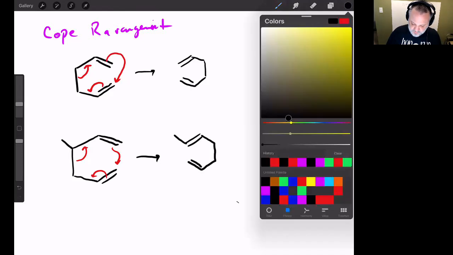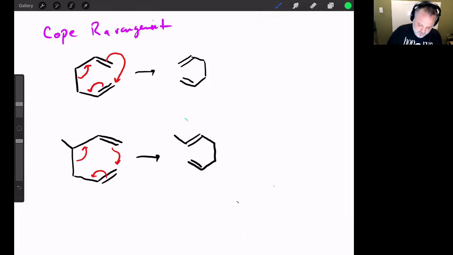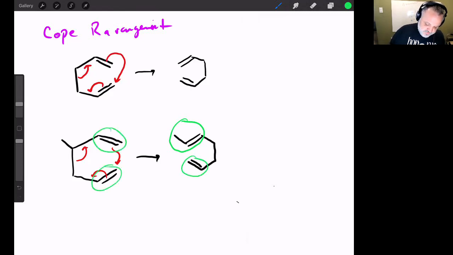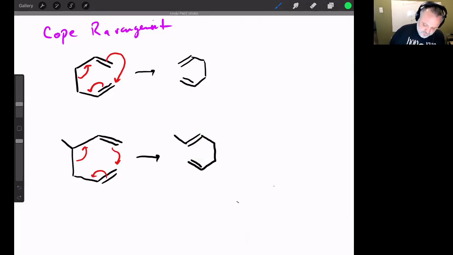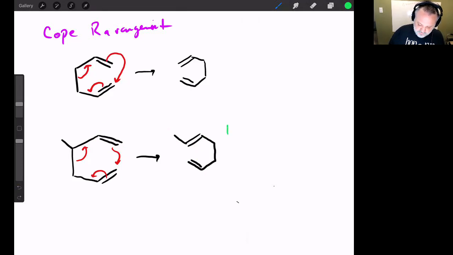In the products, I end up with a situation where I have a more substituted alkene. This one is disubstituted, this one is monosubstituted, and in this case, they're both monosubstituted. So we know that this one's thermodynamically more stable.